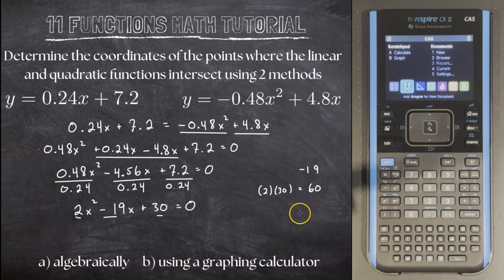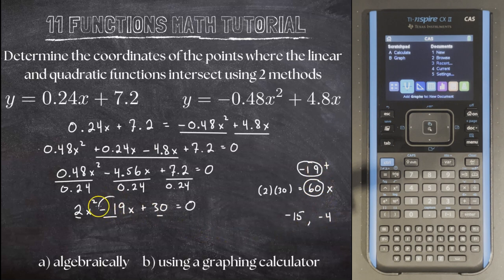So what we need are two numbers that multiply to give 60 and add to give minus 19. You can try different combinations, but what works is minus 15 and minus 4. The double negative when multiplying gives us a positive, so we get positive 60, and when we add them we get negative 19.